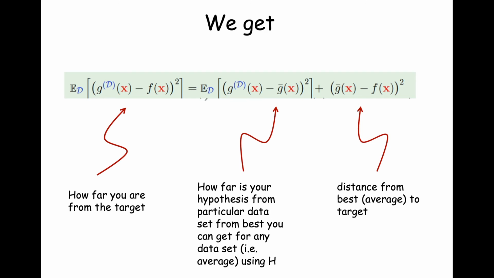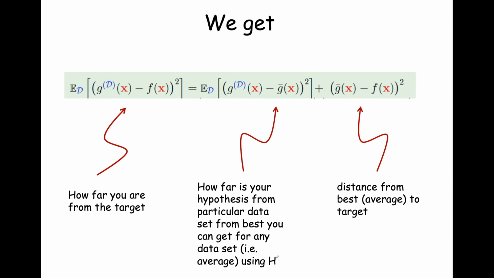And this right-hand side of equality consists of two terms. The first one is how far your hypothesis is from a particular data set, for a particular data set, how far your final best hypothesis is from the best that you can do across all data sets.